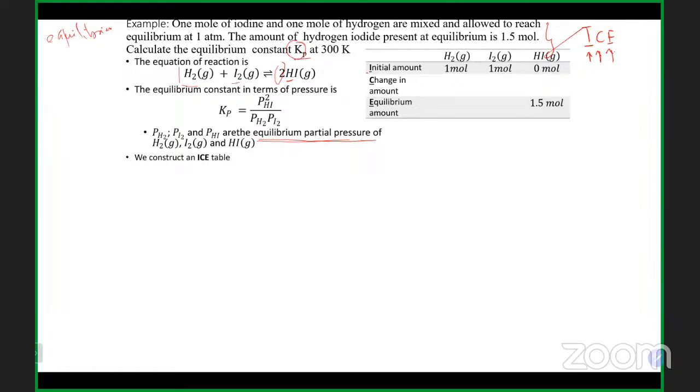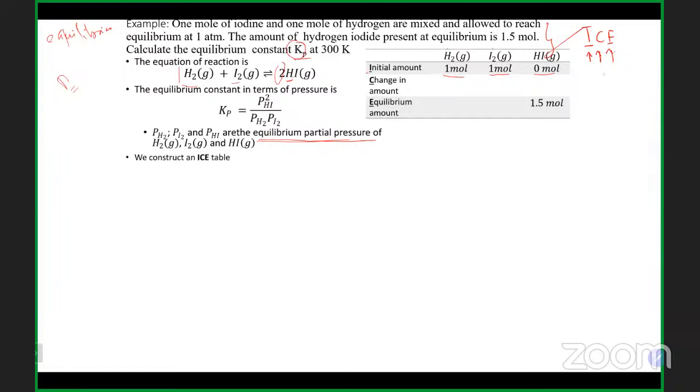So if we add other species beyond H2, I2, and HI, we will have an extra column. So initial amounts, as given from the question, there's 1 mole of iodine. So we write 1 mole of iodine. That is the initial amount of I2 that's present. And 1 mole of hydrogen. So the initial amount of hydrogen that is present is allowed to reach equilibrium at 1 atmosphere. That's the total pressure or the external pressure. Initially, it was just hydrogen and iodine that was allowed to reach equilibrium, which means HI was 0 moles.